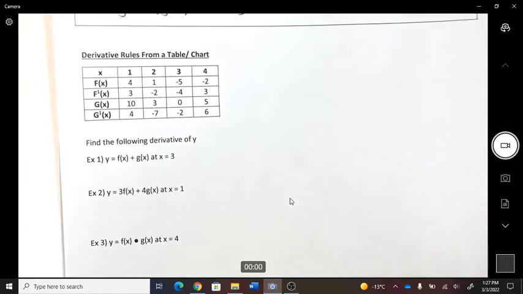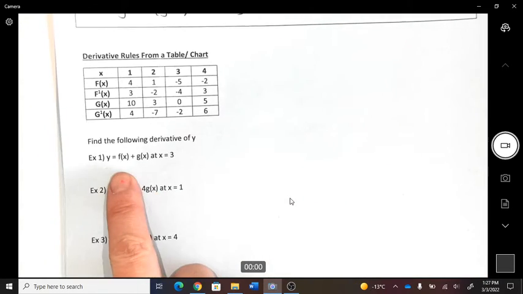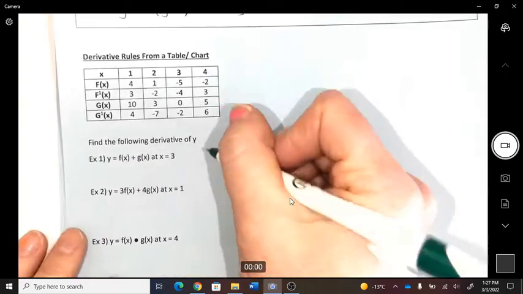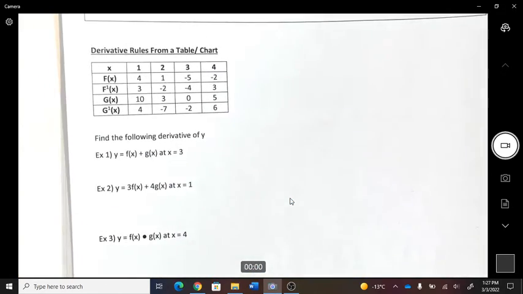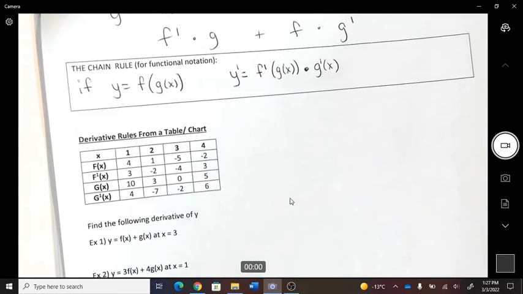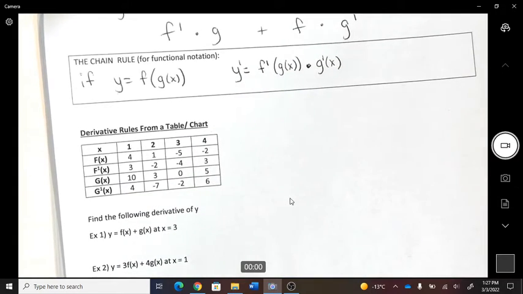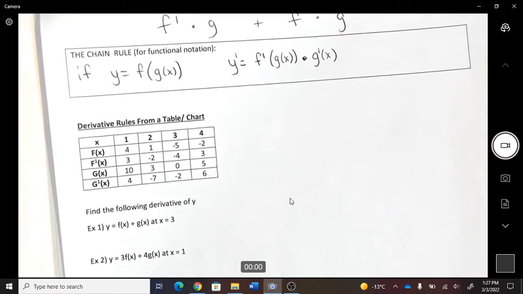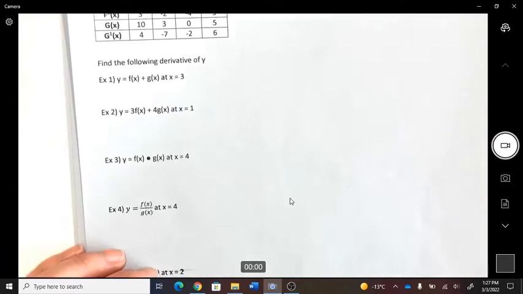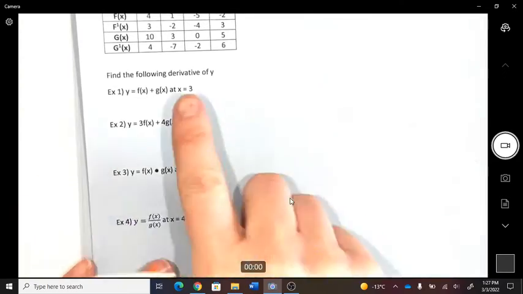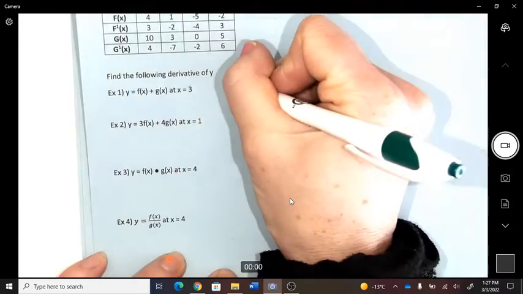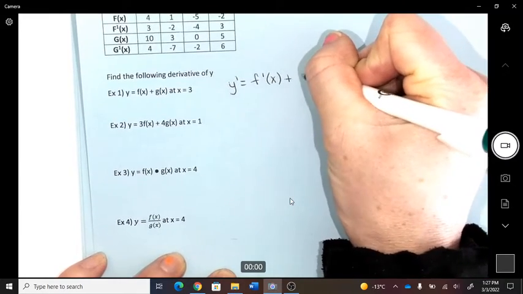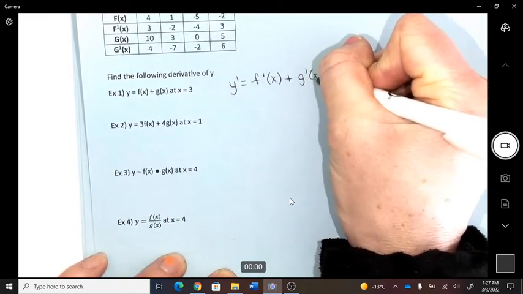Okay, number one. If the equation equals the f of x plus the g of x, what's that? Good. Okay, if the function is the f of x plus the g of x, the derivative is the derivative of f of x plus the derivative of g of x.